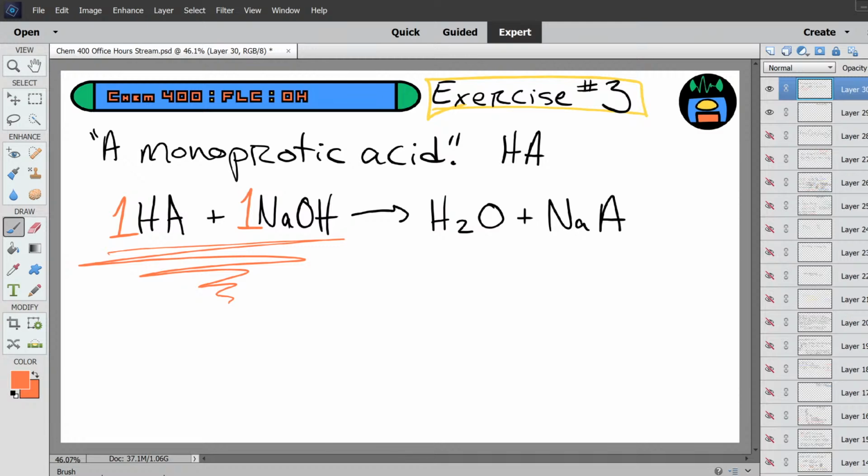Let me see. Exercise 3, the problem asking for the masses of two excess reactants on the left. Okay.